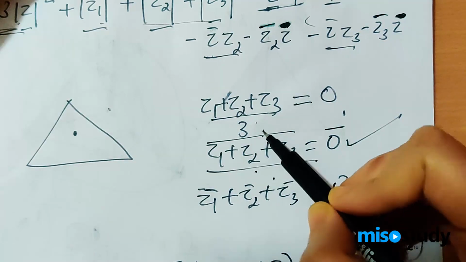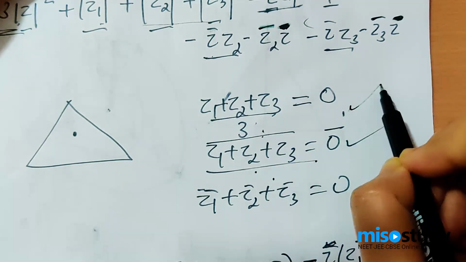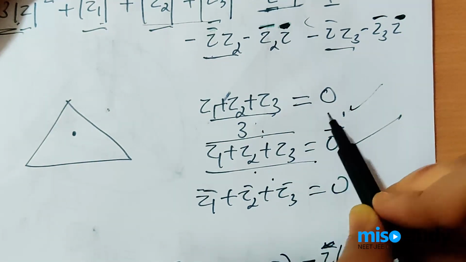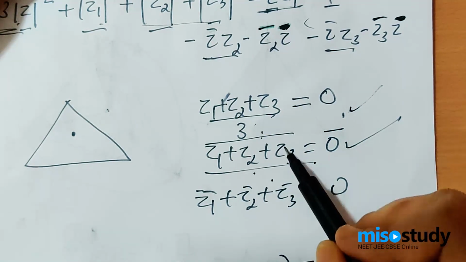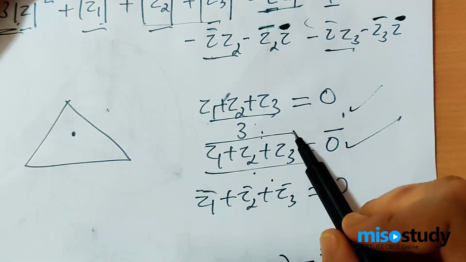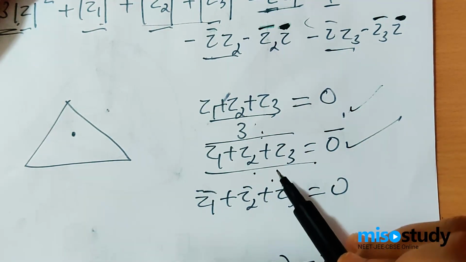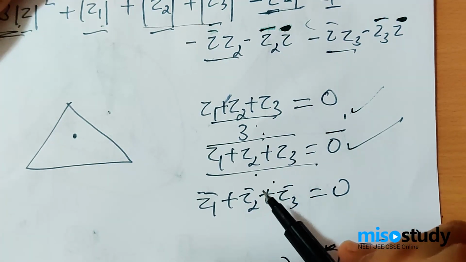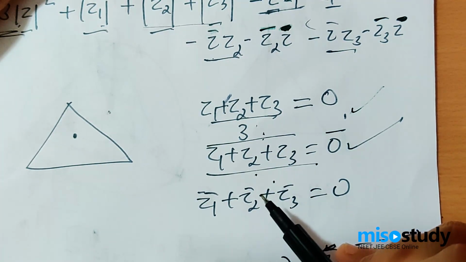In case of complex numbers, this is the formula of centroid, so therefore this would be 0. Implies Z1 plus Z2 plus Z3 is 0. Now if Z1 plus Z2 plus Z3 is 0, then its conjugate is also 0, because Z1, Z2, Z3 are composed of the real parts plus the imaginary parts. So if the entire Z1 plus Z2 plus Z3 is 0, that means the sum of the real parts individually and the imaginary parts individually is 0.